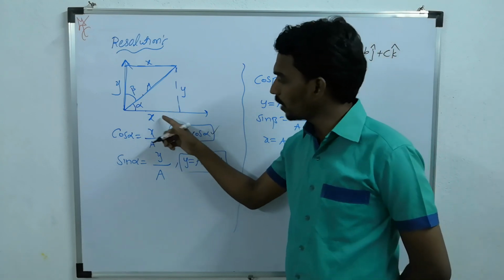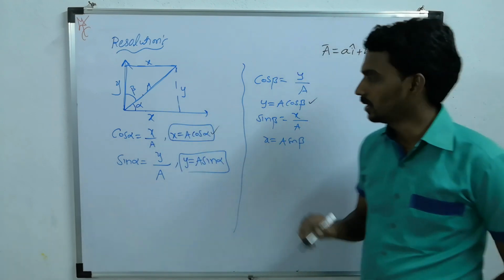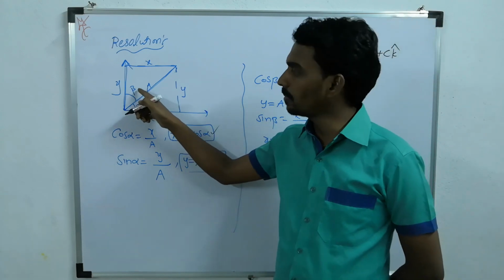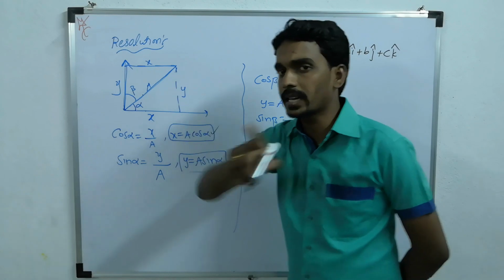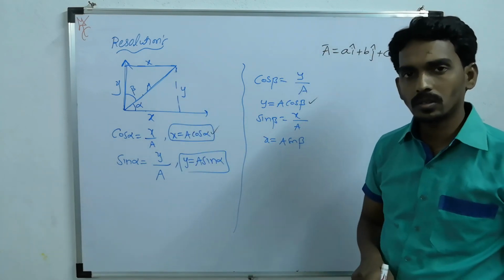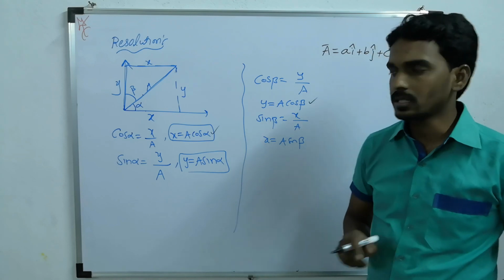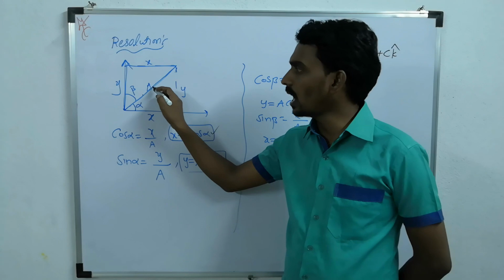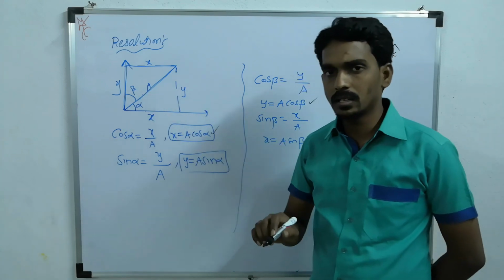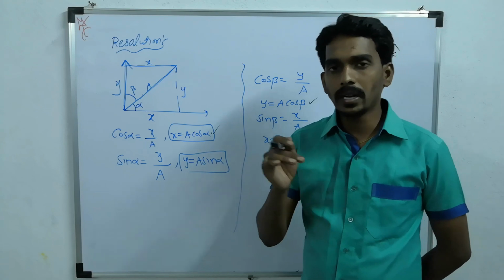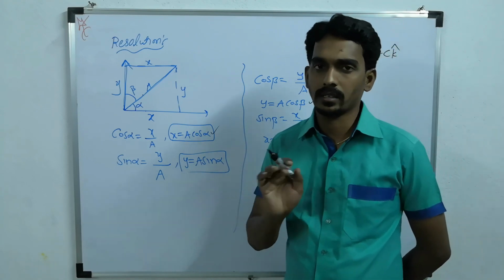So the x component became cos. But in this case, beta is the angle made by the vector with the y axis, so then y became cos. So the conclusion is: in the direction with which the vector makes the angle, cos; in the perpendicular direction, sine.